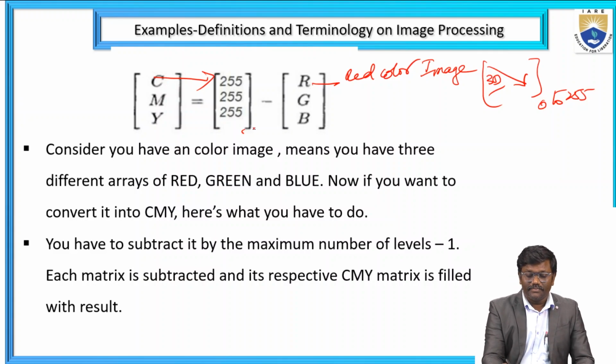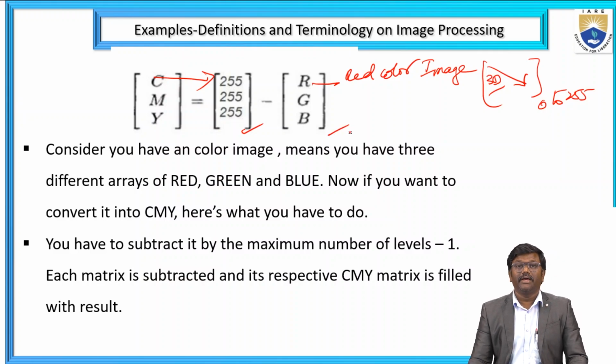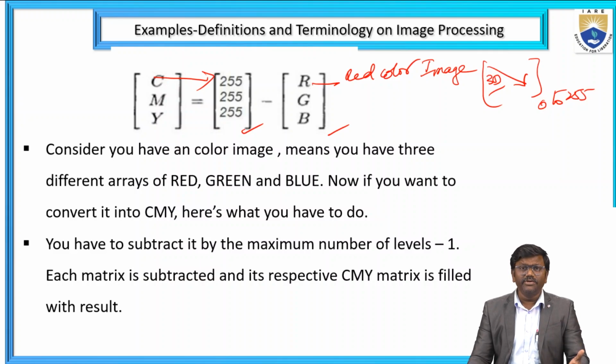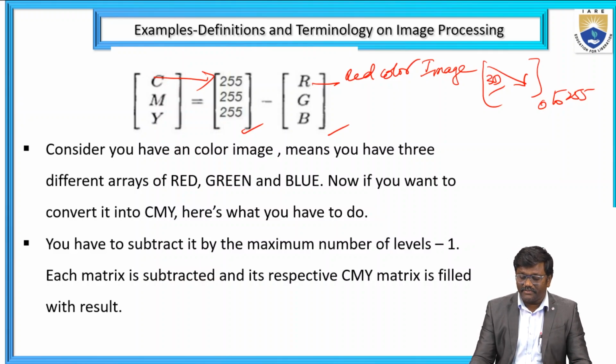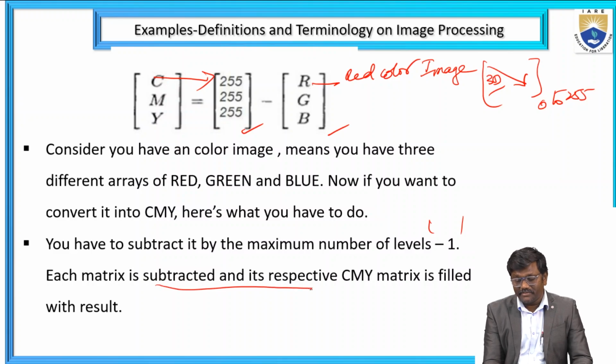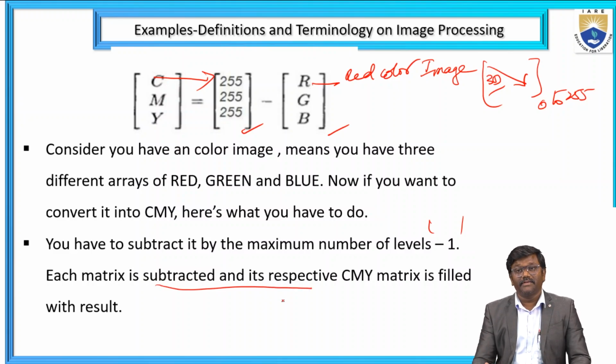These are single arrays, one dimensional arrays. Now if you want to convert it into CMY, here is what you have to do. You have to subtract from the maximum number of values, minus 1, that is the negative of the color model. Each matrix is subtracted, and its respective CMY matrix is filled with different results.